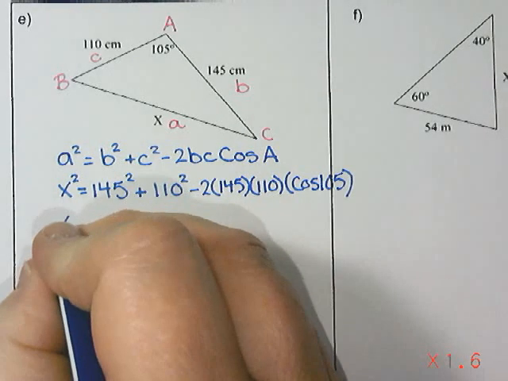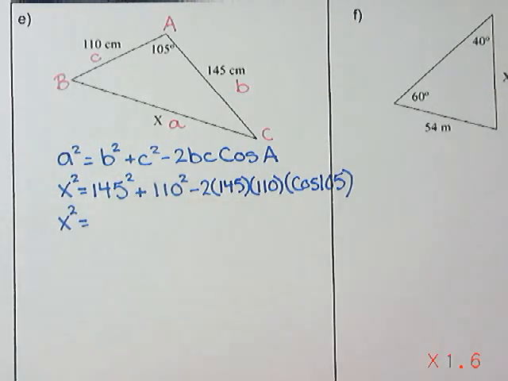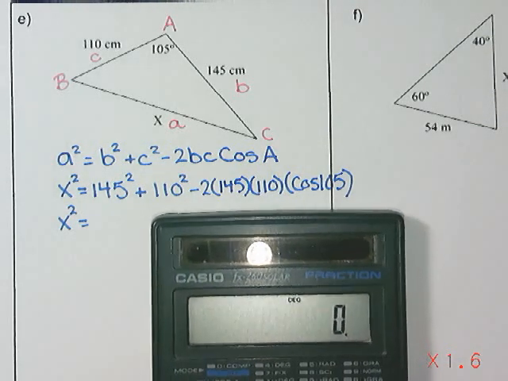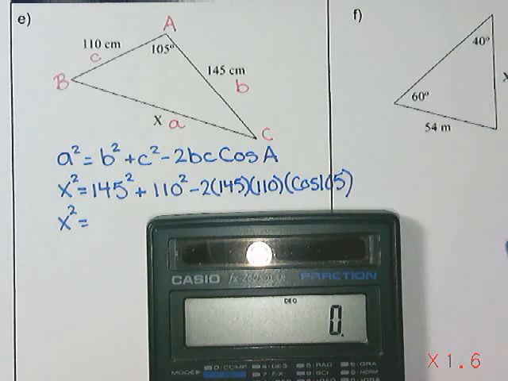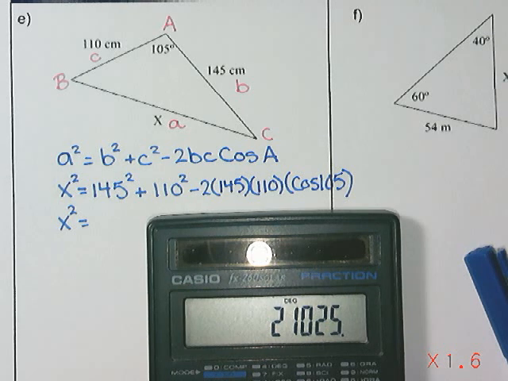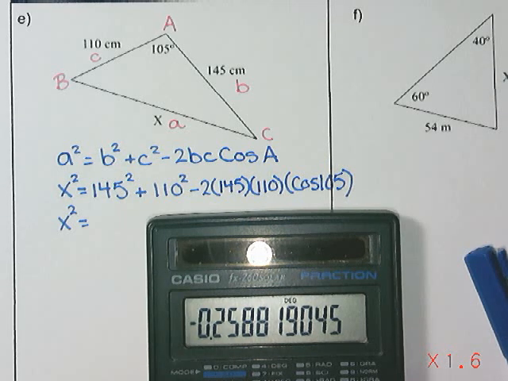I am going to calculate all of that right-hand side in one step on my calculator, and I am not going to hit equals until I get to the very end of the line. So I'm going to do 145 squared plus 110 squared minus 2 times 145 times 110 times, and then I can't do cosine 105, I have to do 105 cos based on my calculator, and then I'm going to hit equals.